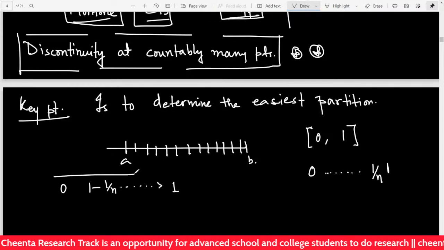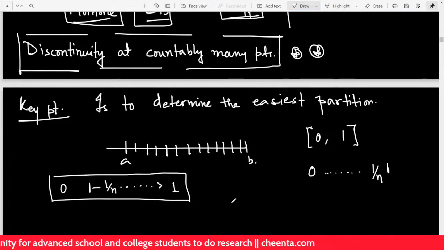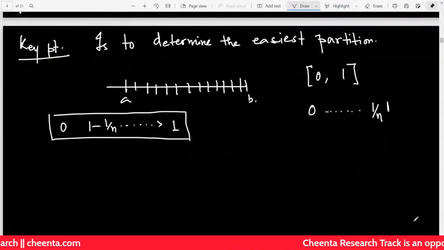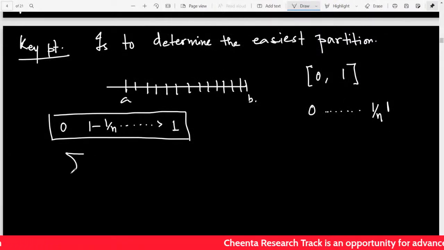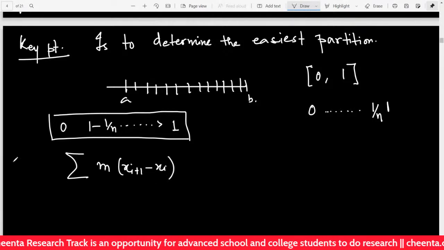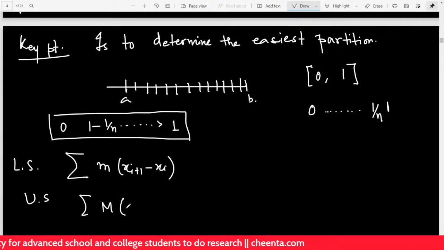These types of partitions are needed for cancelling some things out, because at the end of the day, if you look at the summations of both, they are of this form, xi plus 1 minus xi. This is the lower sum, and the upper sums are M into xi plus 1 minus xi.